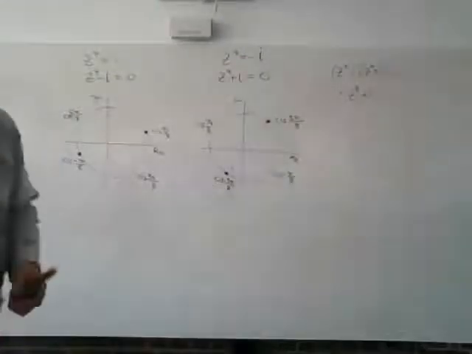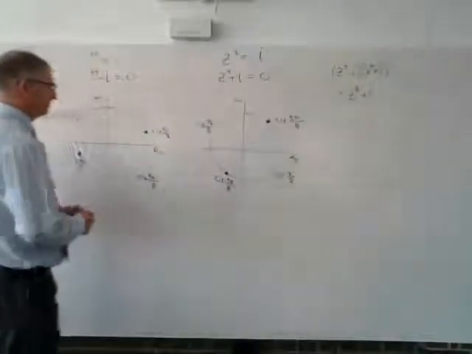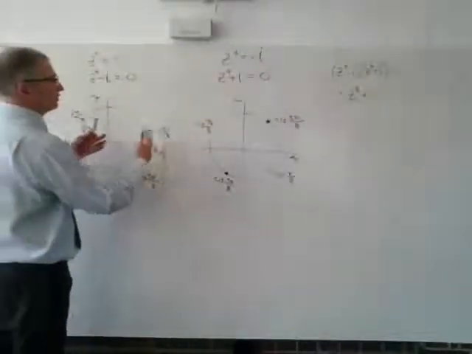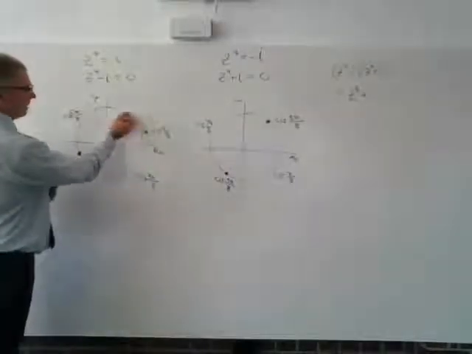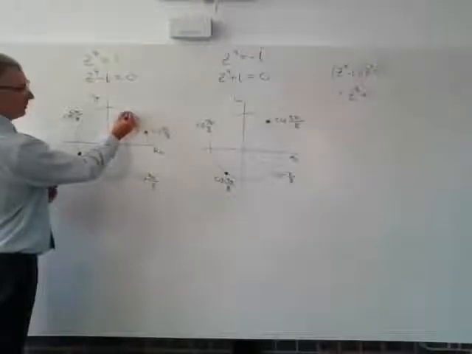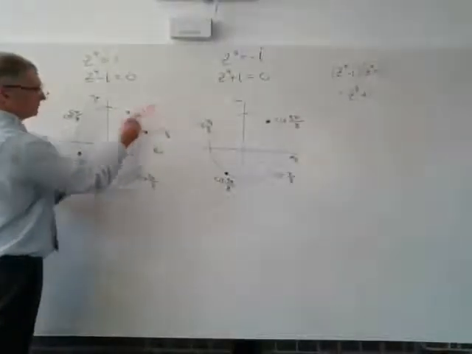So when we combine them together, they make z to the 8 plus 1, when we combine z to the 4 equals i and z to the 4 equals minus i. So we go every 2 pi on 8 apart. So this one here is cis 3 pi on 8.